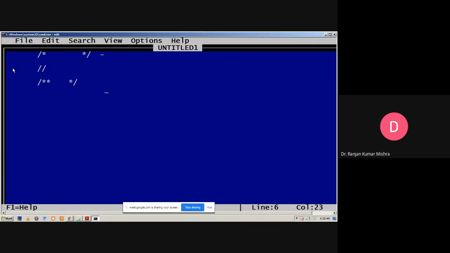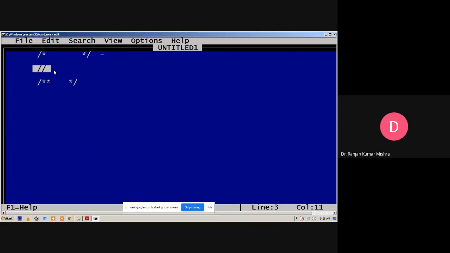The first type is used to write comments spanning multiple lines. You may type as many lines of comments as you wish between the characters. In the second type, all characters appearing after the double slash comment delimiter up to the end of the line are ignored by the compiler.